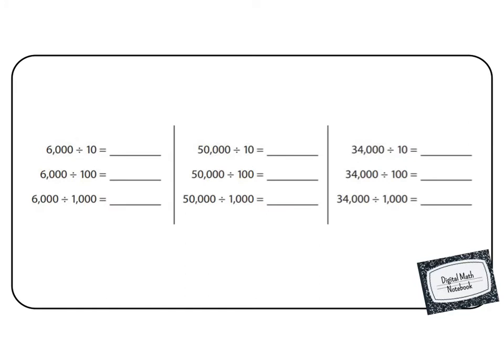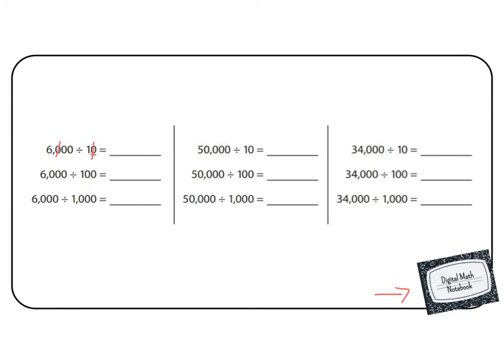You have a copy of this chart in your digital math notebook. Remember to complete it as I go over it in this lesson. We're going to be practicing the same skill that I had on the page before. We're going to divide by 10, 100, and 1,000. So if I start with 6,000 and I divide by 10, I'm going to take 1 zero off this side and 1 zero off this side.